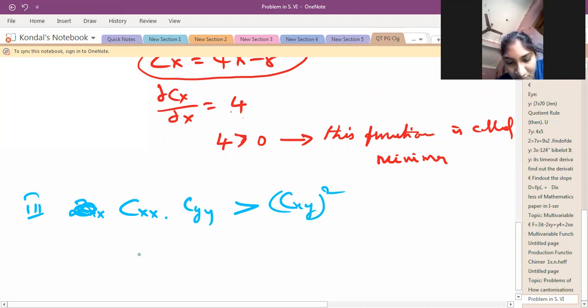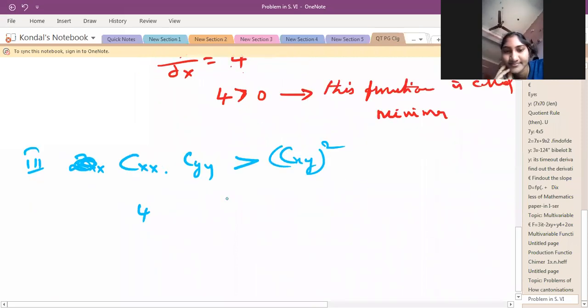4, right? Did we get the CYY value? No. We don't have it, so this third order is not applicable.